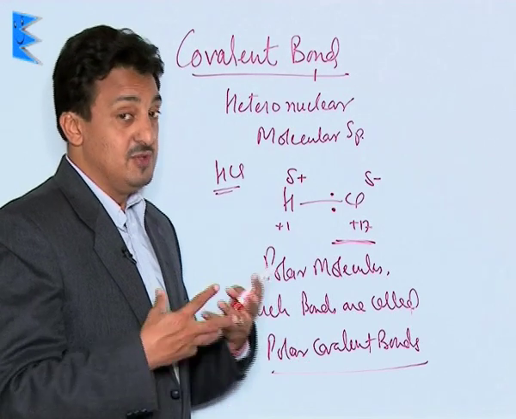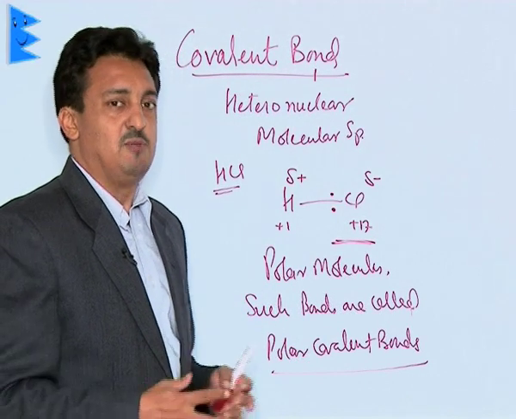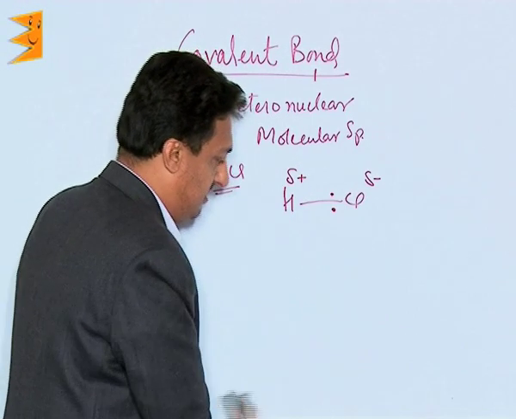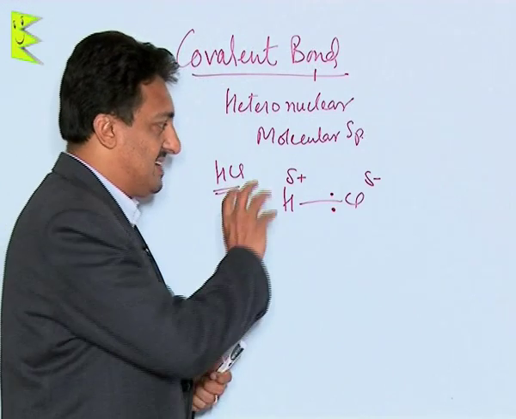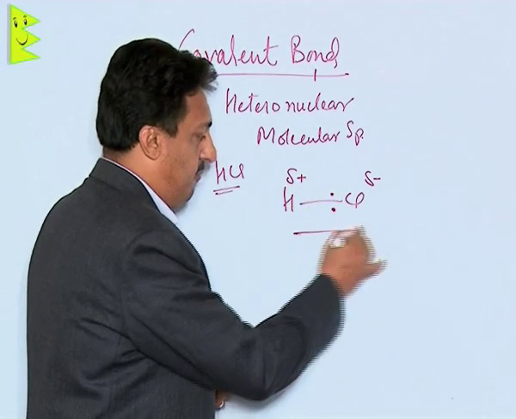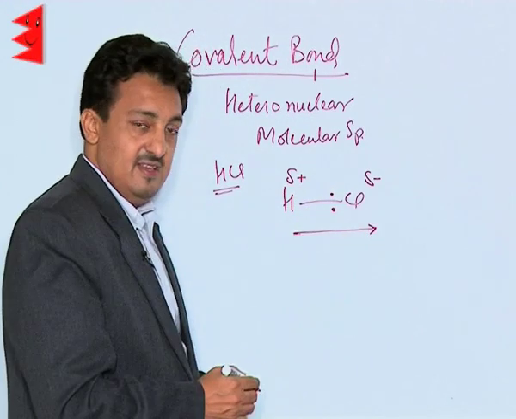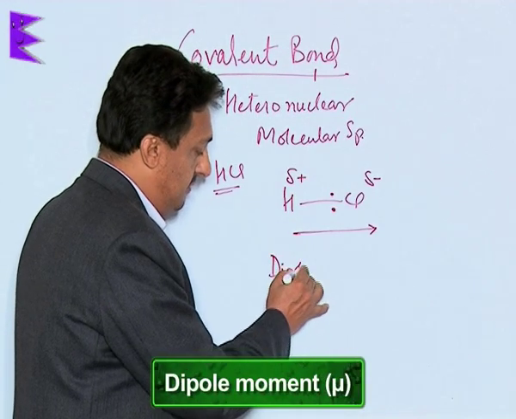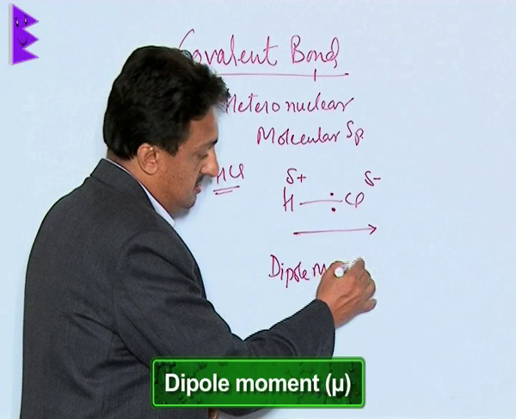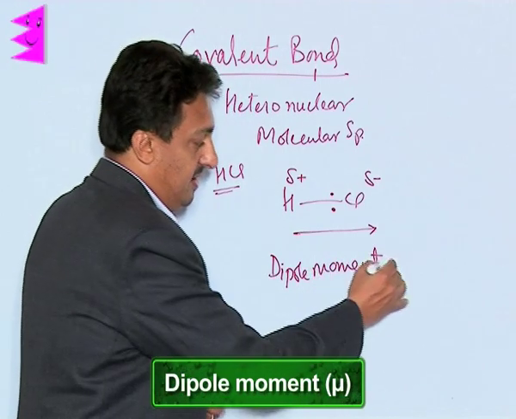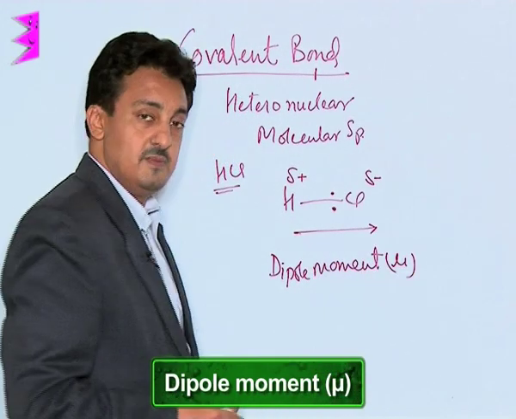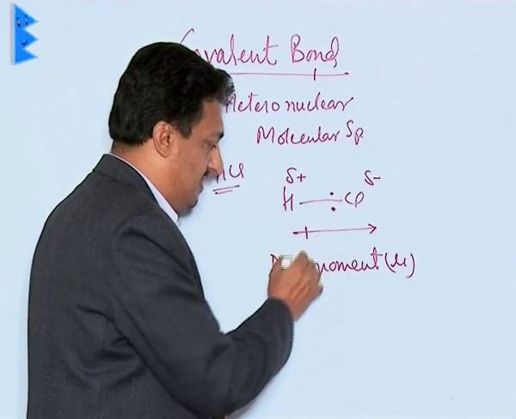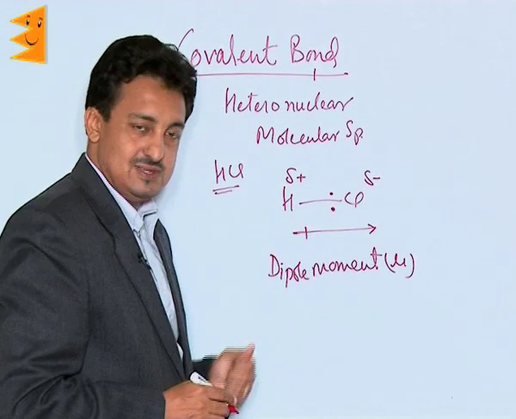Now what happens due to this polarity? Due to this polarity, along this bond an attractive force develops from the positive to the negative side, and this is called dipole moment, represented by the symbol mu, and in the molecule it is shown with a crossed arrow whose tail is crossed.